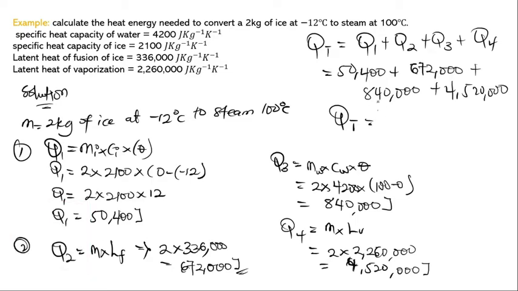Our total heat energy needed for this conversion is what? 6,082,400 joules of energy. So this is the amount of energy we need to convert 2 kilograms of ice at negative 12 degrees Celsius to steam at 100 degrees Celsius.